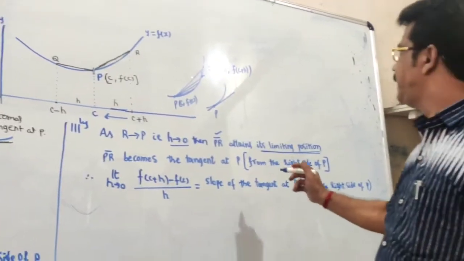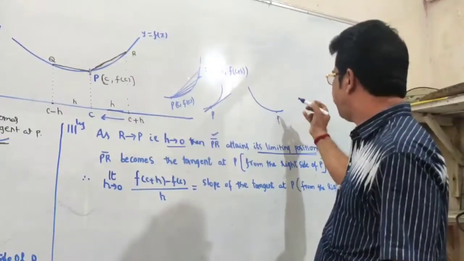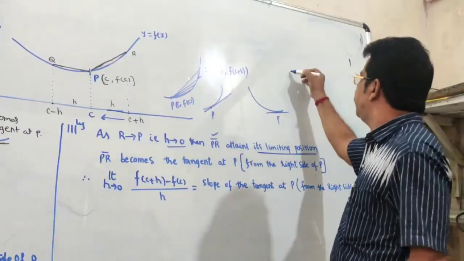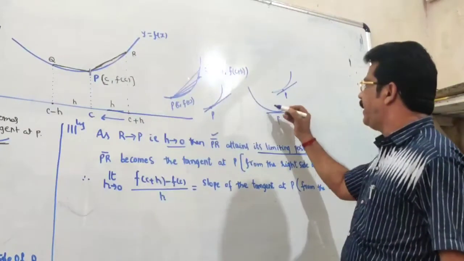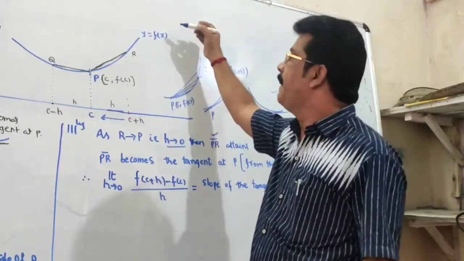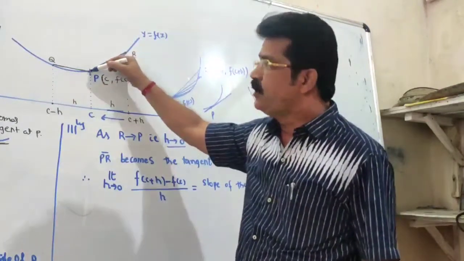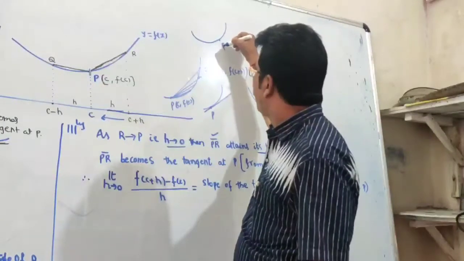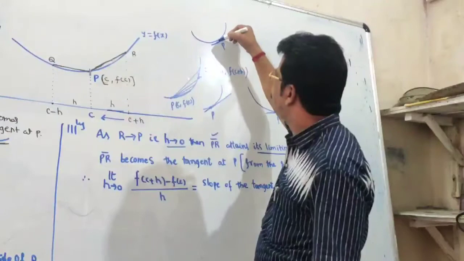Now at present we have, for one curve, a point capital P. Suppose it is the tangent like that. On the curve y is equal to f of x, P is a unique point. You can take any curve. If there exists one point like capital P, we can draw only one tangent.